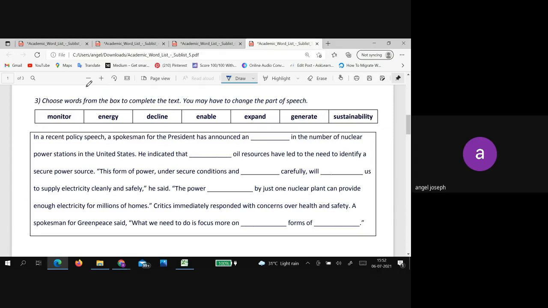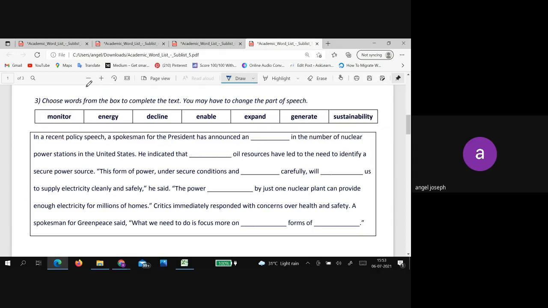They are monitoring us, that is why there are CCTVs in every room. To observe someone is to monitor. Let's say one of your family members is sick. The doctor has said that his condition has to be monitored, kept an eye on perfectly. That is called monitor.